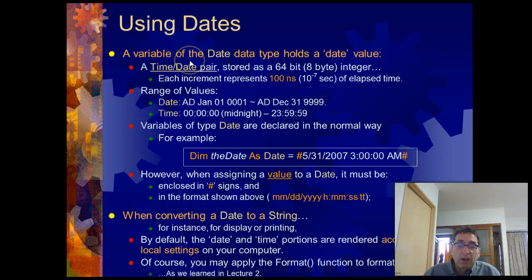A variable of the date data type holds a date value. The time date pair is stored as a 64-bit, so that's 8 bytes, integer. So that's how it's stored, remember, not what it represents.